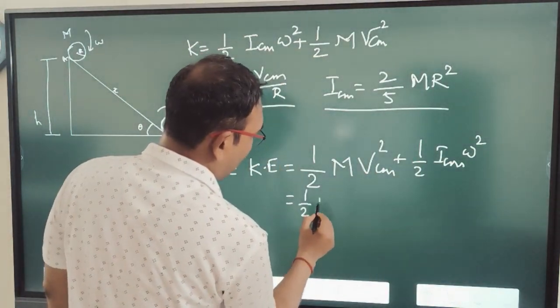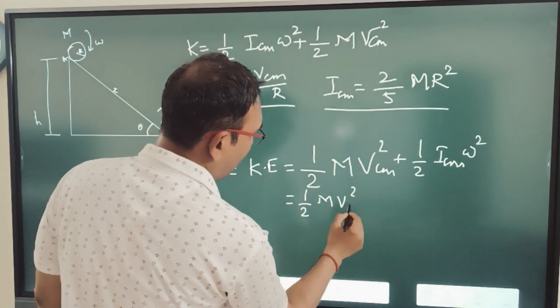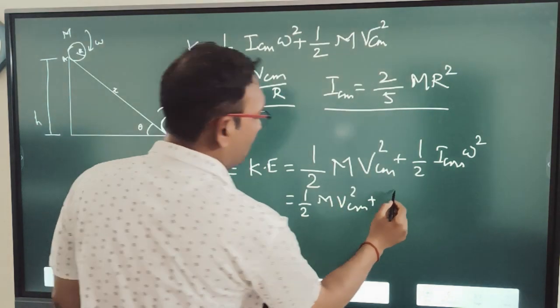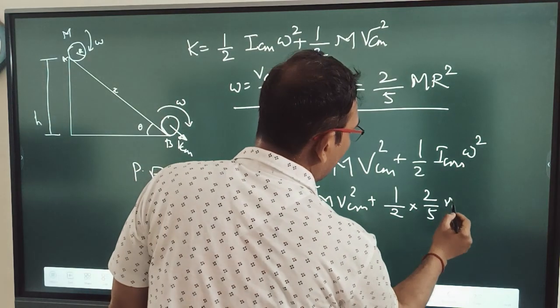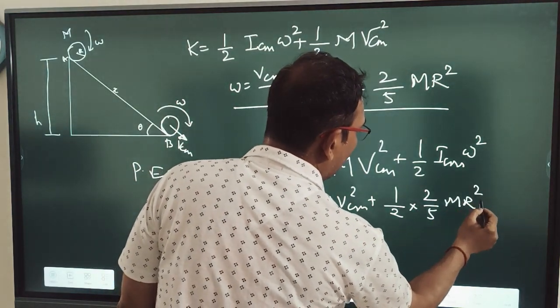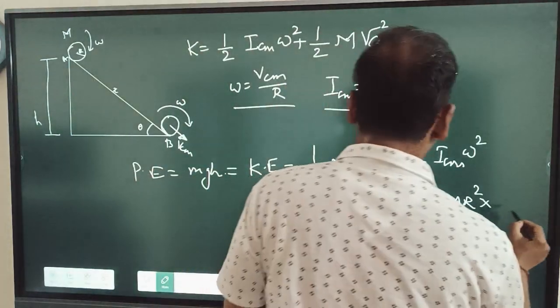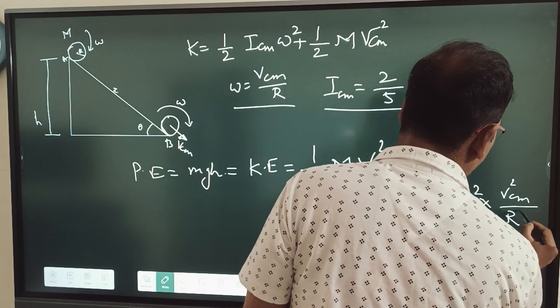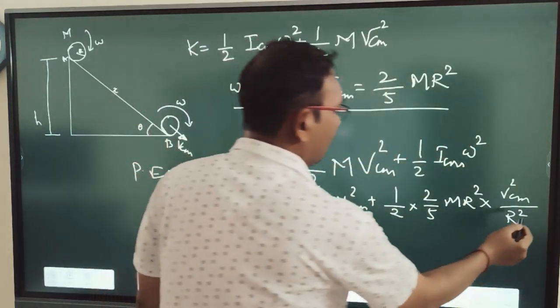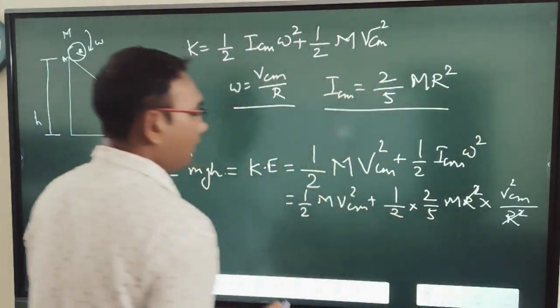Half m v square cm plus 2 by 5 m r square into v square cm divided by r square. So the r square will cancel.